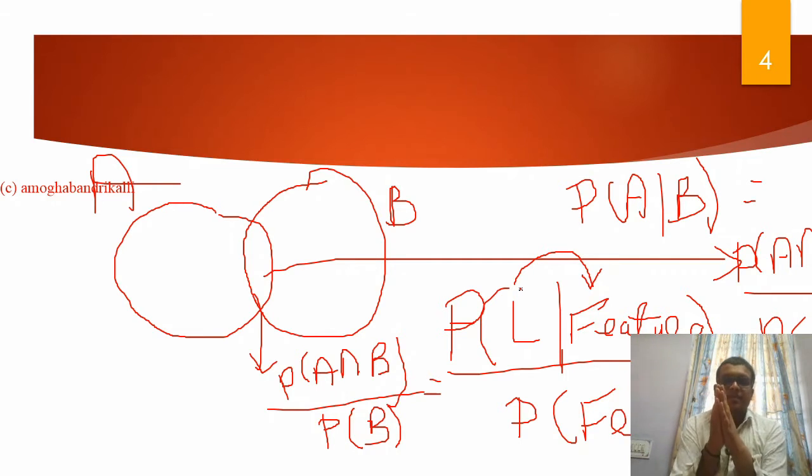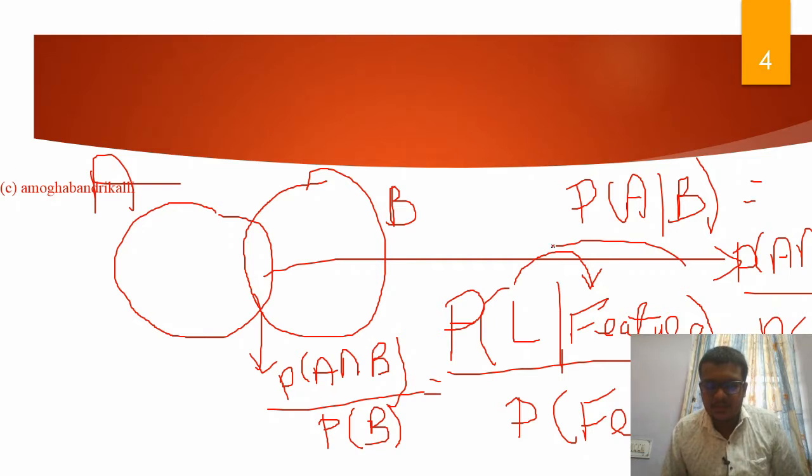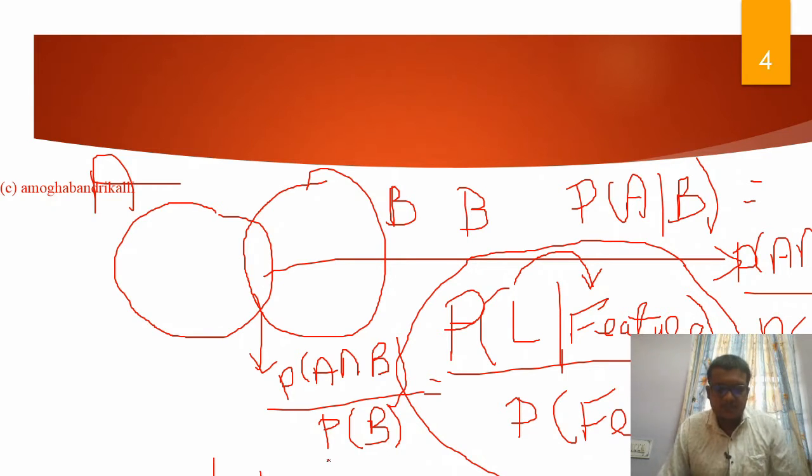That is the respective equation for Naive Bayes. This works for binary classification, that is, it has only two labels, label 1 and label 2. So this is called binary classification.